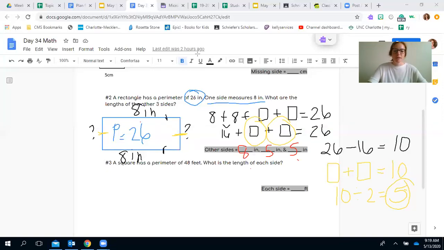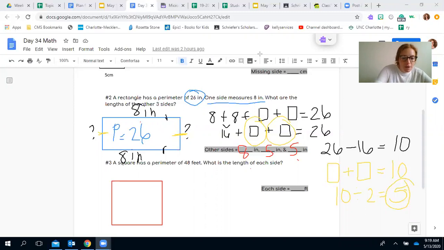Now, the last one is a square that has a perimeter of 48 feet. So here we go, perimeter equals 48. Again, we just talked about geometry, so let's think about the attributes of a square. Can you tell me anything you know about a square?